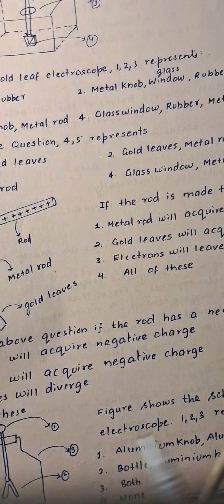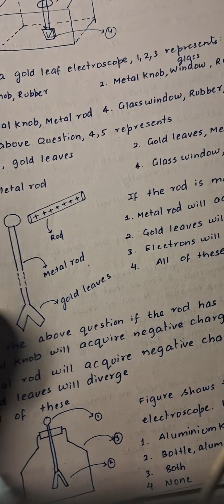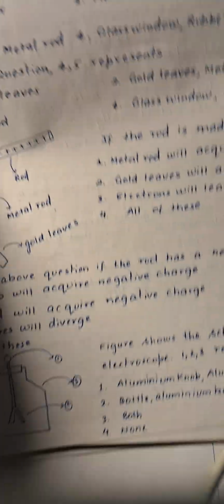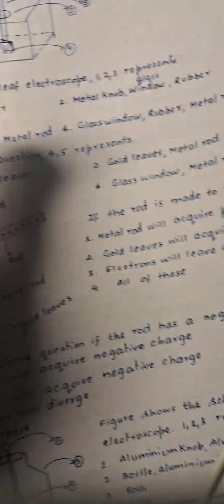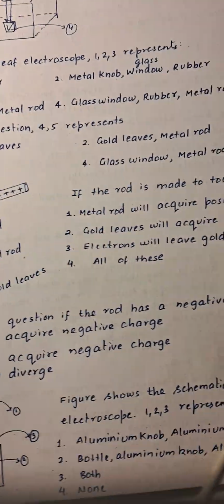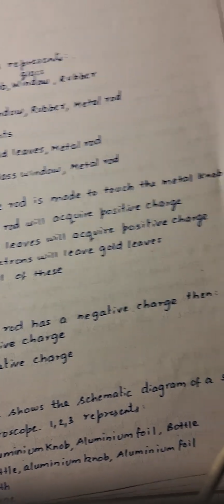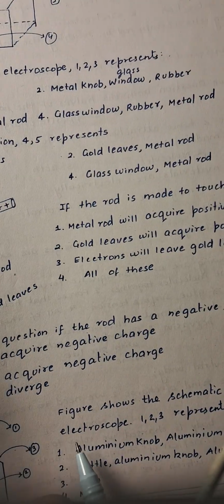Next is question number 73, sorry. The figure shows the schematic diagram of a simple electroscope, 1, 2, 3 represent.